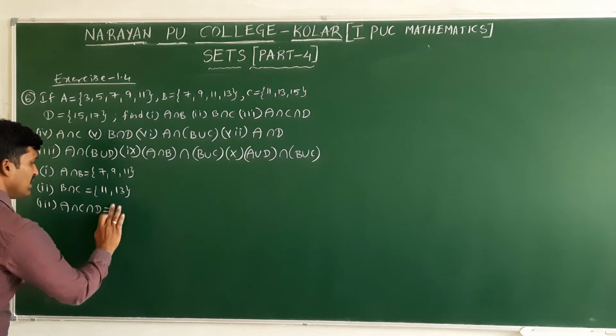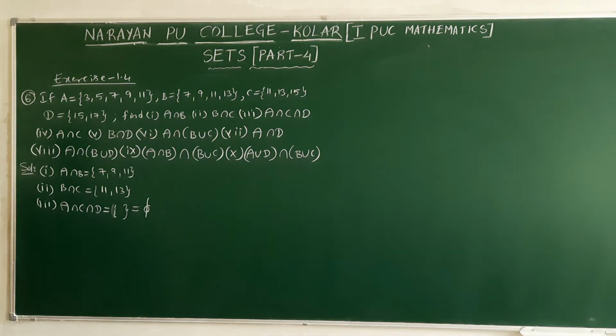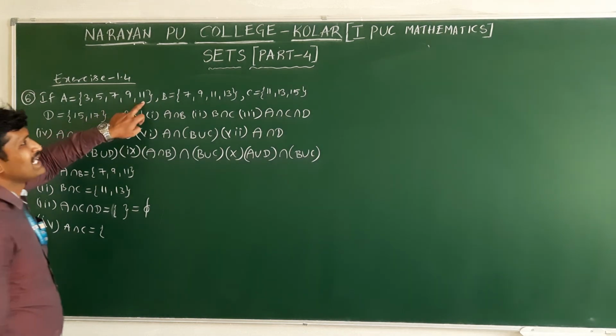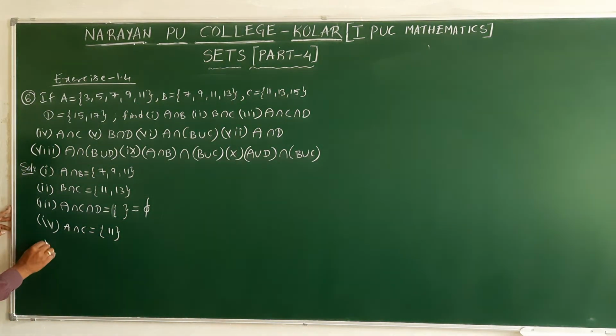No. That's why this is clearly empty, is a phi. No common element between these three combinations. Next we need to find A intersection C. A and C, any common element is there? Only 11 is there. That's why it's only single element we will get.